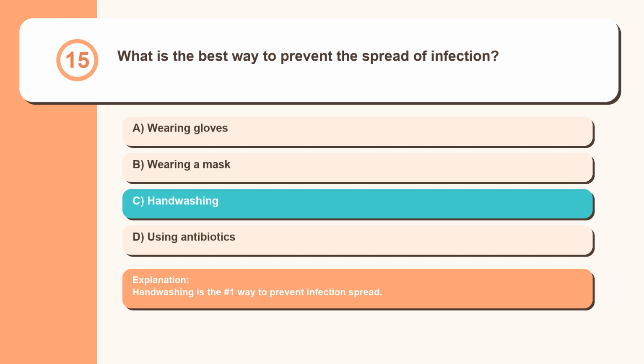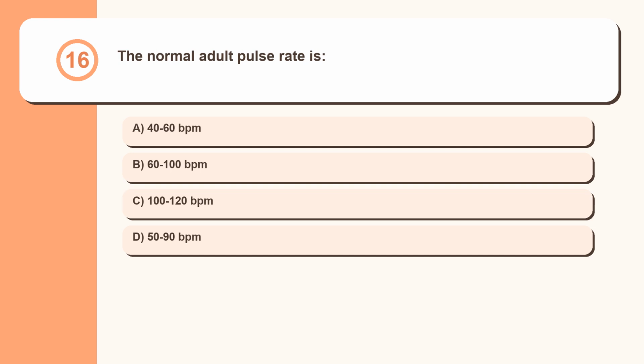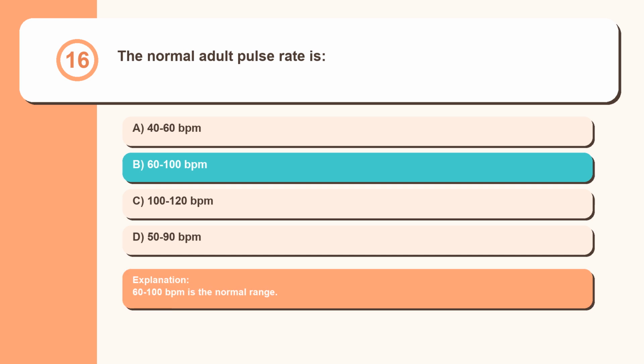Hand washing is the number one way to prevent infection spread. Question 16. The normal adult pulse rate is 40 to 60 bpm, 60 to 100 bpm, 100 to 120 bpm, 50 to 90 bpm. 60 to 100 bpm is the normal range.